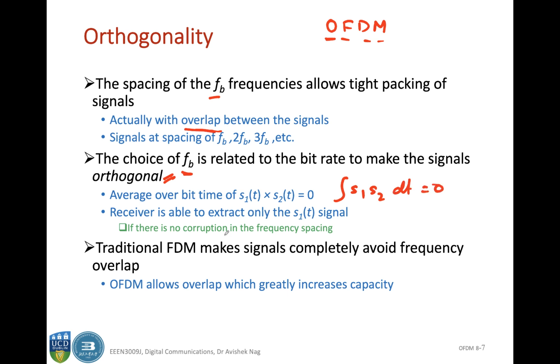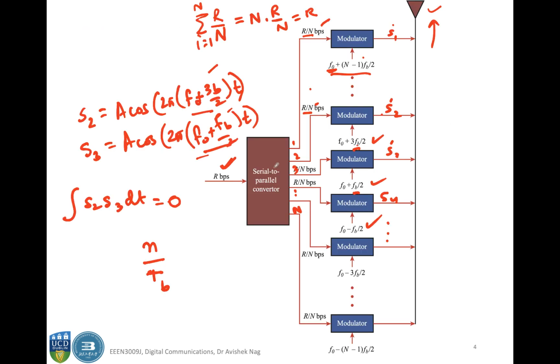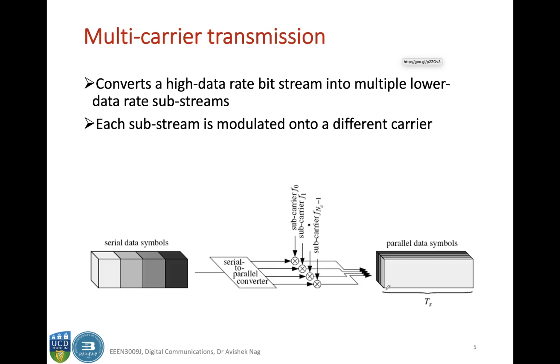In the receiver you can extract only one of the signals by multiplying the entire composite signal, which is the sum of all these small tributaries modulated.